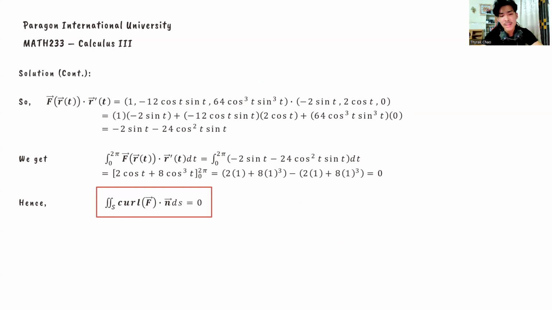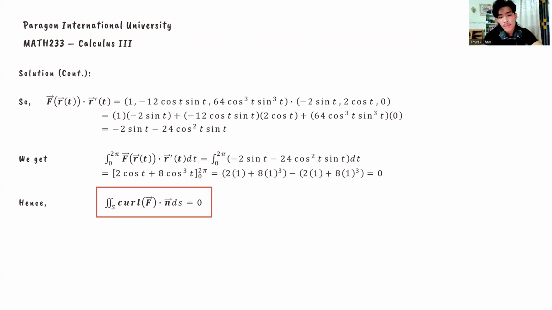We get that the integral from 0 to 2 pi of F of r of t dot r prime of t dt is the integral from 0 to 2 pi of minus 2 sin t minus 24 cos squared t sin t, which is equal to 2 cos t plus 8 cos cubed t from 0 to 2 pi.